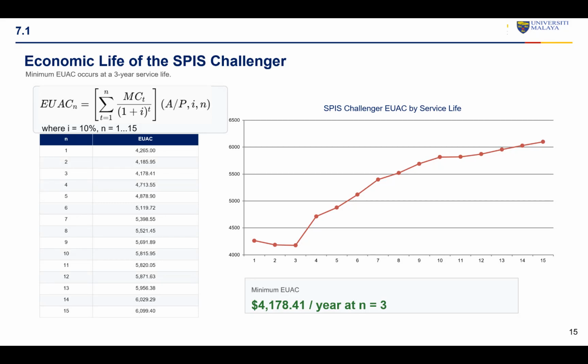This means the best economic replacement cycle for the SPIS challenger, based on the given marginal cost data, is 3 years. This value is then compared with the next marginal cost of keeping the existing DPIS.